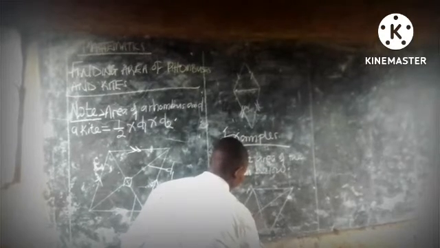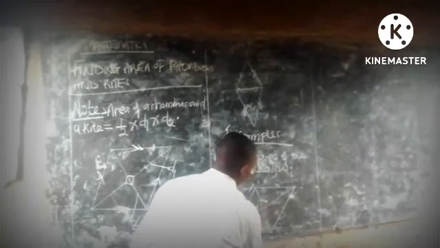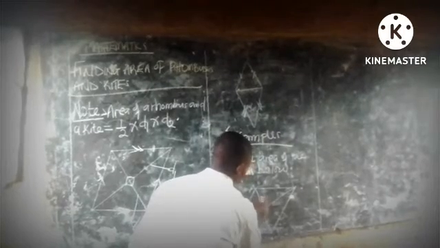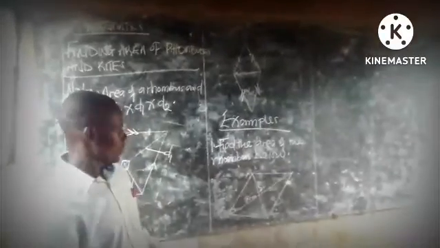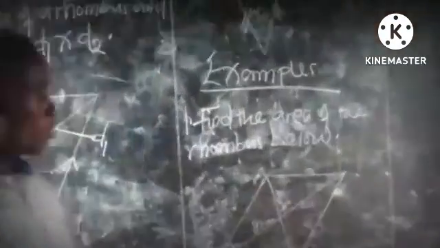So this is 8 centimeters and then this is 6 centimeters. So here is our rhombus being given. They are asking us to calculate the area of this rhombus drawn on the chalkboard.